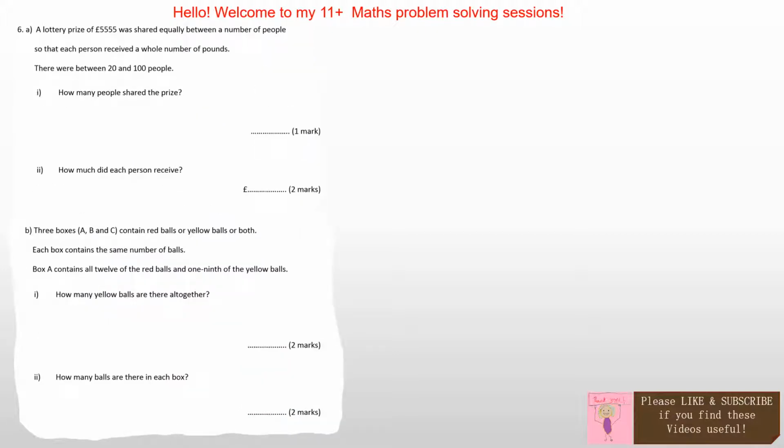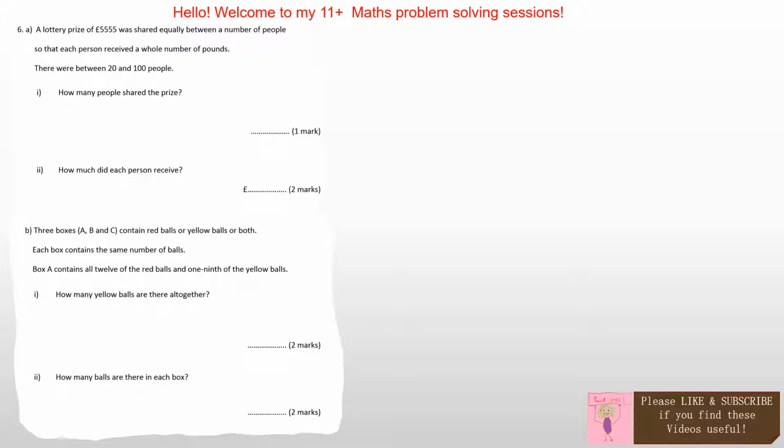Next question. There's a lottery prize of £5,555 shared equally between a number of people so that each person received a whole number of pounds. There are between 20 and 100 people. How many people shared the prize?